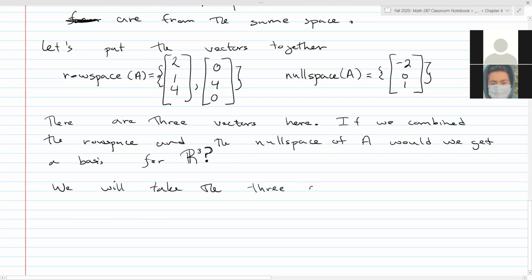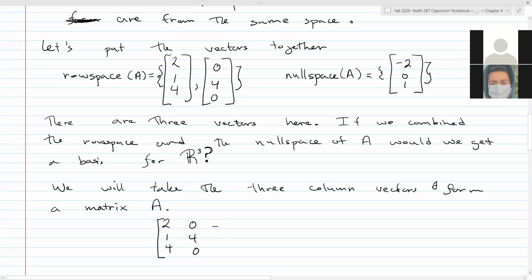So we'll take the 3 column vectors and form a matrix A. We end up getting 2, 1, 4, 0, 4, 0, negative 2, 0, 1 equals A. Or we'll call it A star, because our original matrix was A. We'll form a matrix A star.